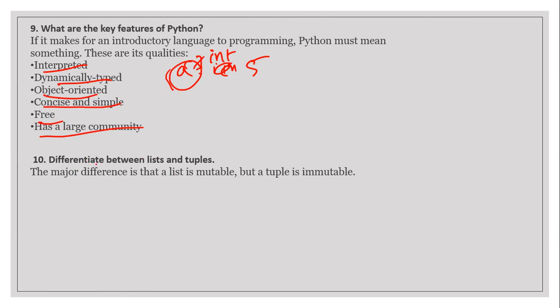Differentiate between list and tuple. The major difference is that a list is mutable and a tuple is immutable. What is mutable and what is immutable? This means that a list we can modify, we can append.